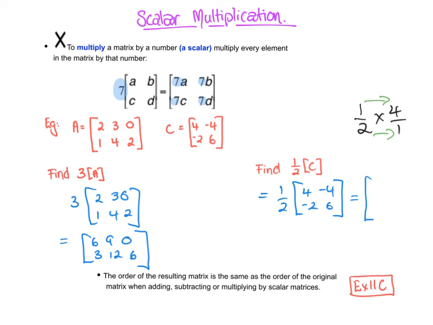Some people are going to type this in because they see a fraction and they hate it. So 4 over 2, negative 4 over 2, negative 2 over 2, or 6 over 2. And that can simplify down to obviously 2, negative 1, and 3.